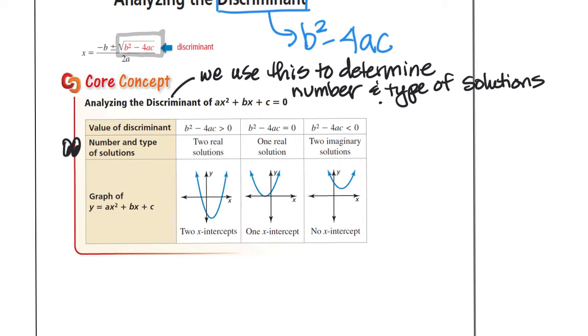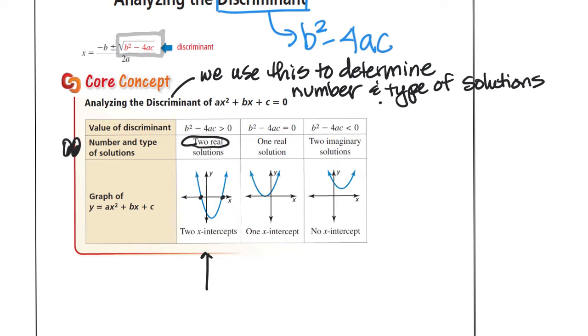When you graph your quadratic, for this example, if it hits in 2 places, that means that there are 2 real solutions. And the circumstances where there are 2 real solutions is when what's inside the square root sign ends up being a positive number.